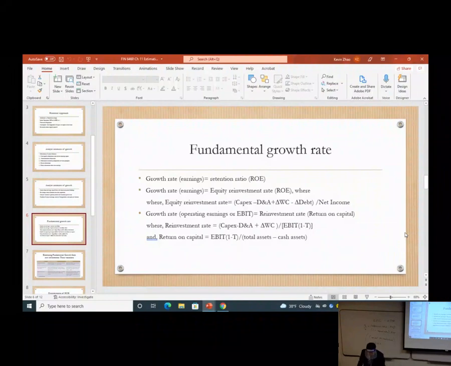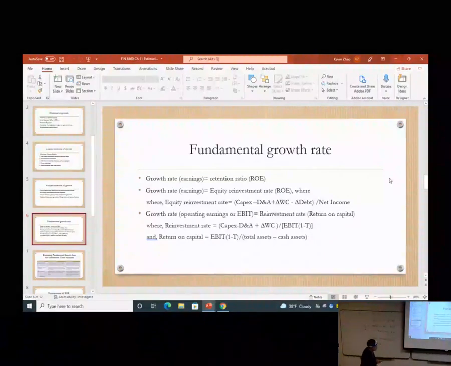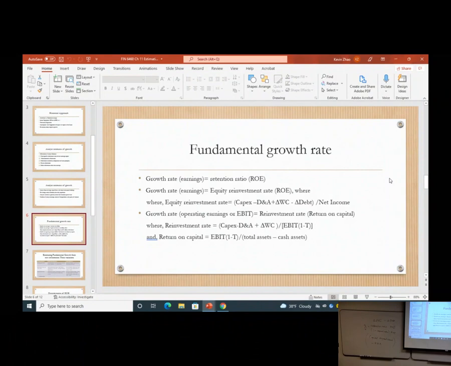So that is a fundamental growth rate. Let me see. You will have a very useful equation here. Let me make this bigger for you guys.